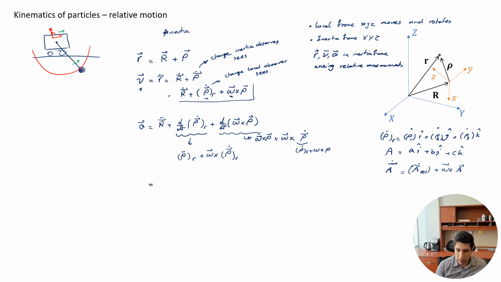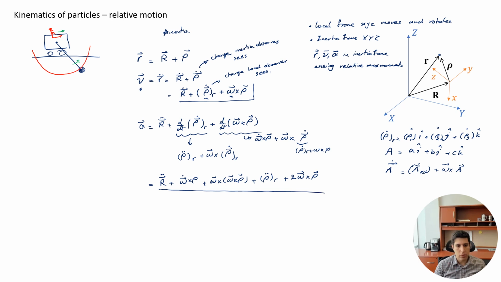So gathering everything, I will have R double dot plus omega dot cross rho plus omega cross omega cross rho, plus rho double dot relative plus 2 omega cross rho dot relative.